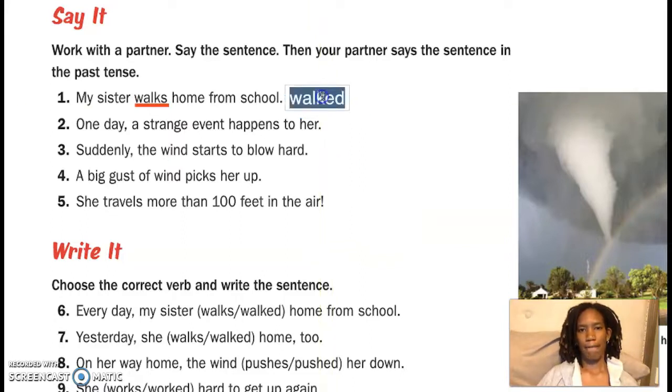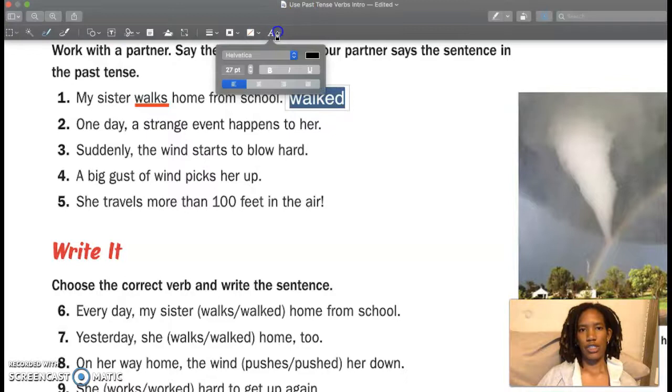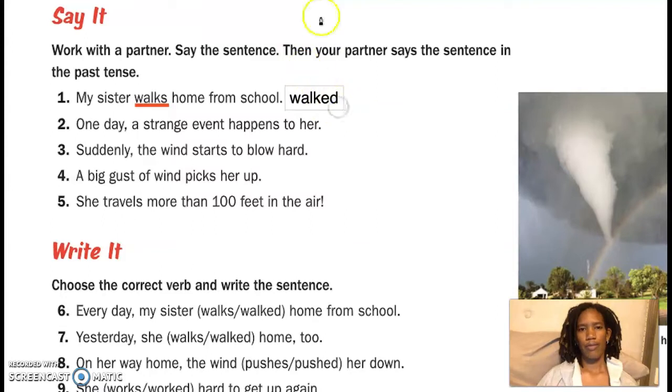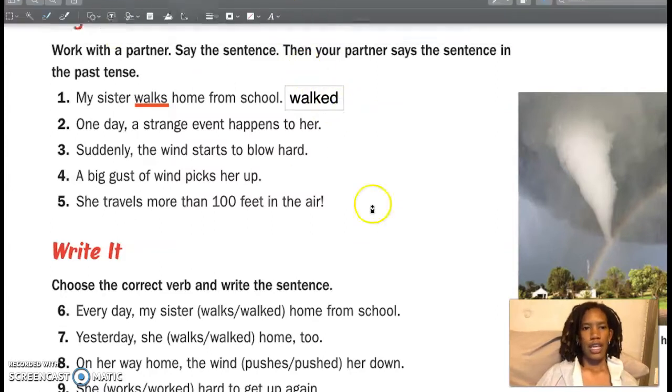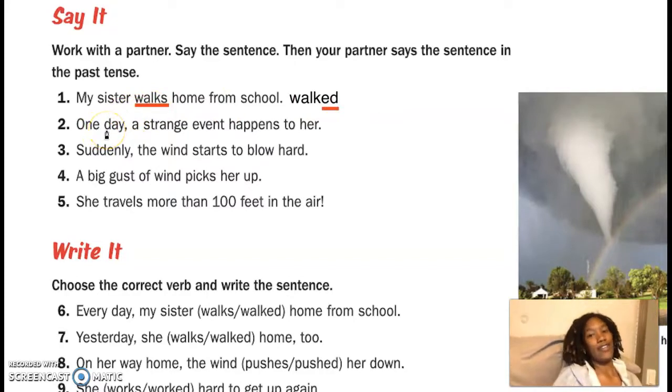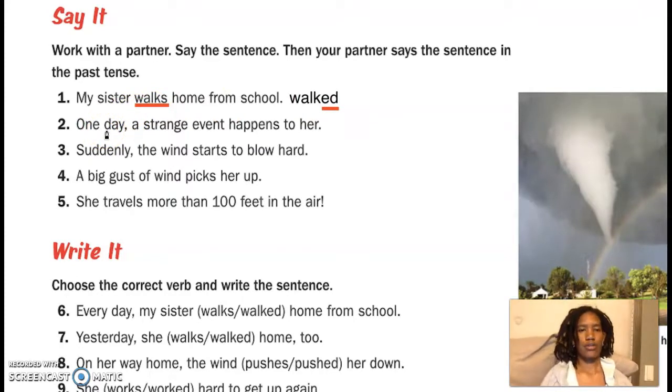Okay. Let's see if I can show. There we go. All right, walked. Now, one day a strange event happens to her.